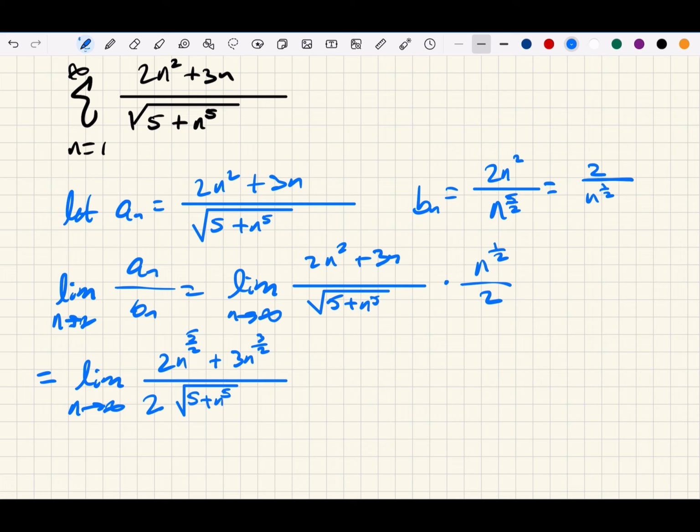So in other words, I'm thinking about doing this. Multiply the top and bottom by 1 over n to the 5 halves. That's just the square root of n to the 5th, right? 1 over the square root of n to the 5th. So I have the limit as n goes to infinity. Now, the convenient thing that happens on the top is that I wind up with 2 plus 3 over n, right?